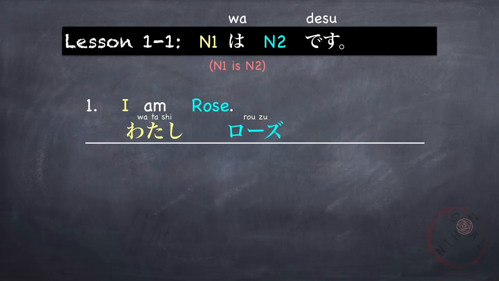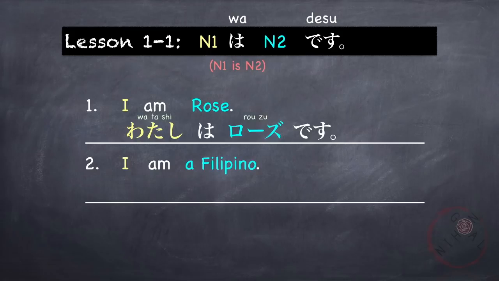Rose in katakana is Rose. Okay, so using the pattern above, let's make this into a full sentence. Watashi wa Rose desu. I am Rose. Very simple.